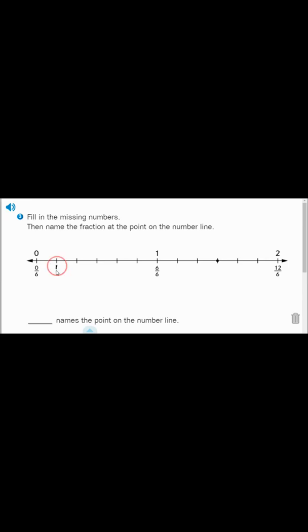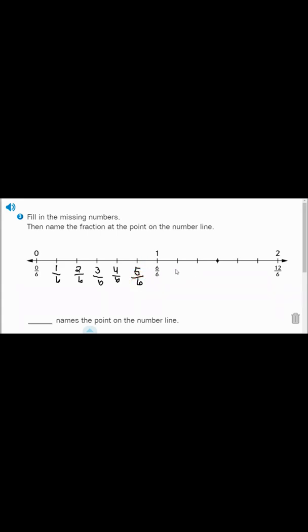So we have 0/6 already there. Now we're going to add 1/6, 2/6, 3/6, 4/6. Next is 5/6, 6/6, or a whole.